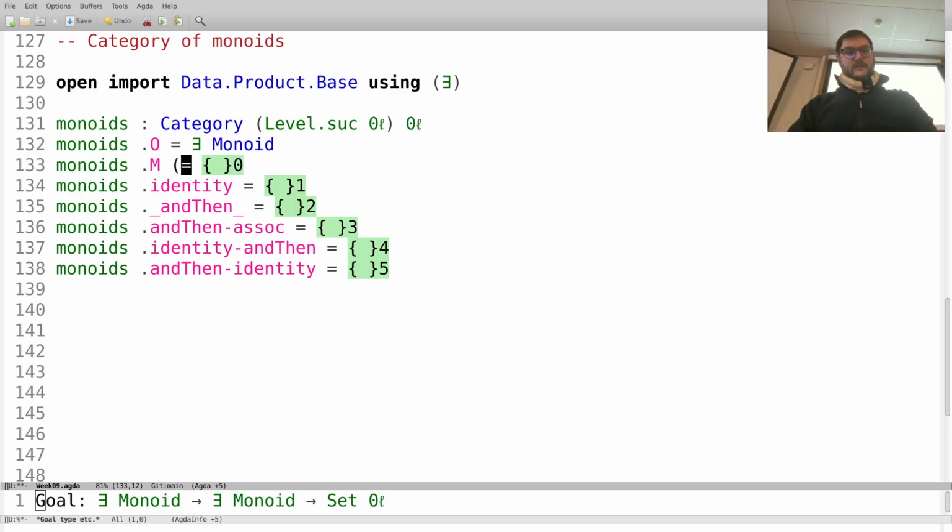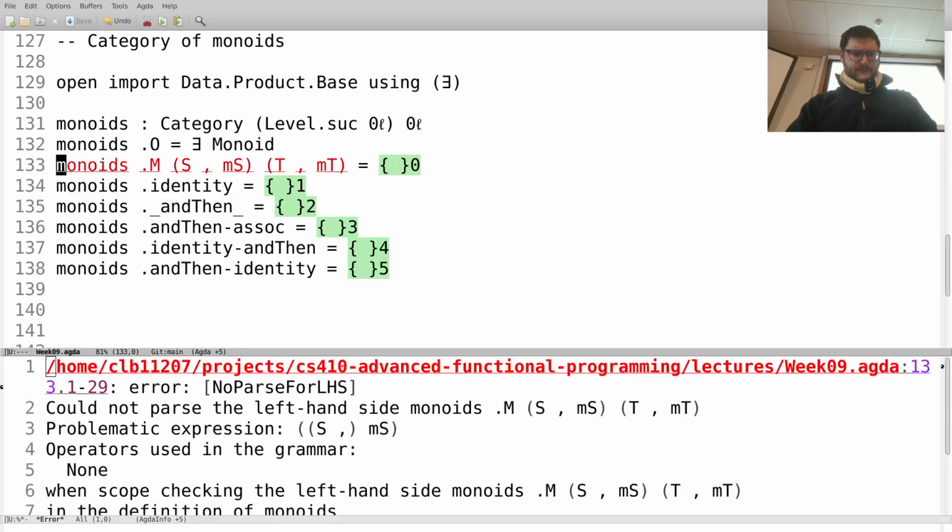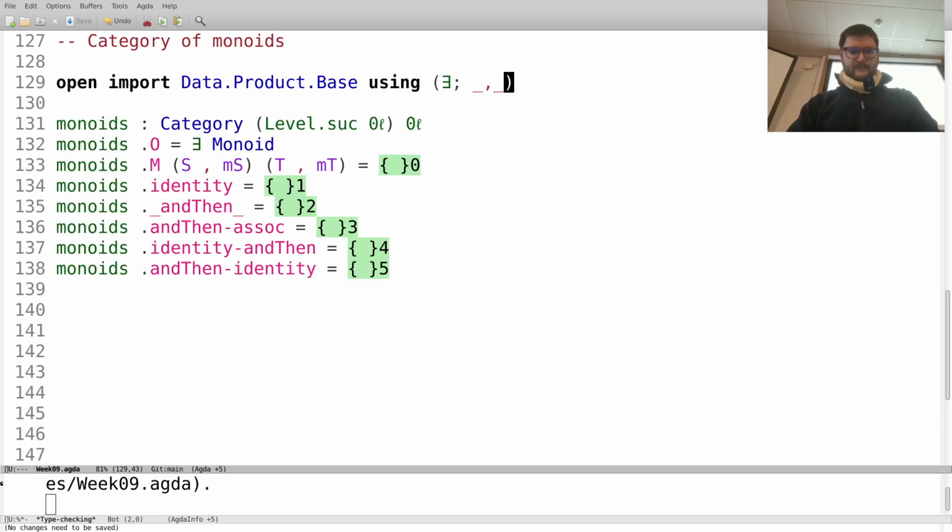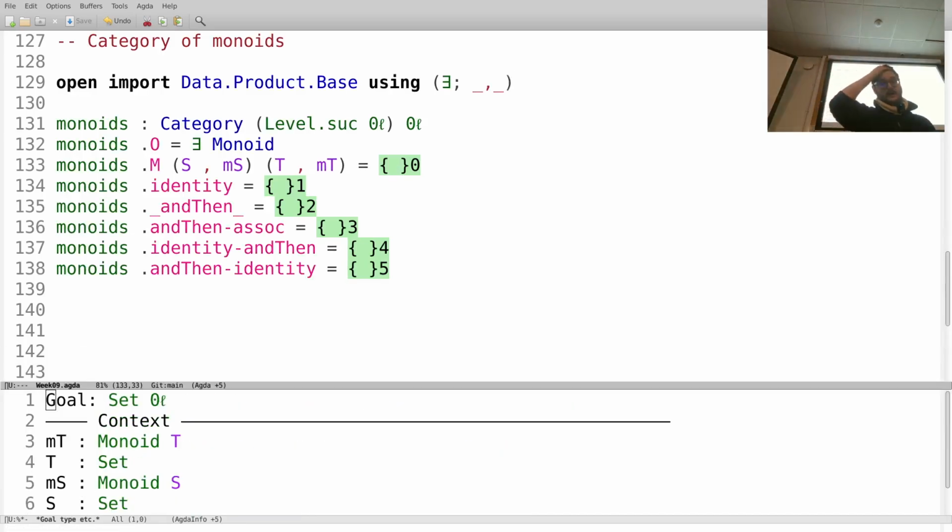Or the morphisms, I should say. So what should these be?